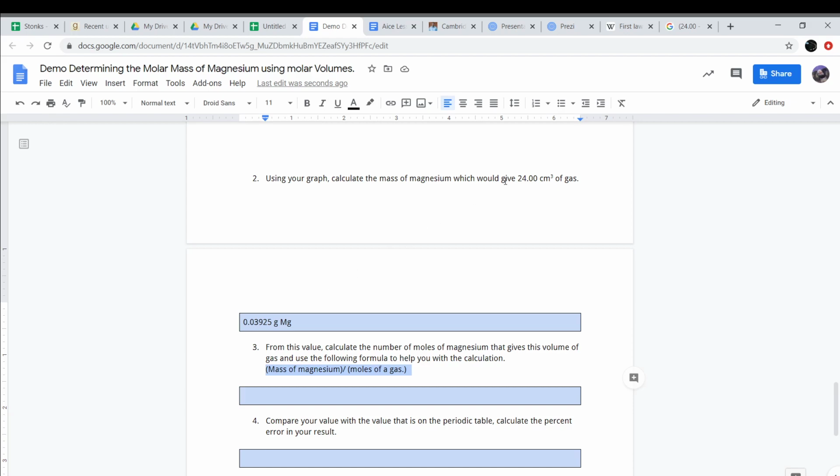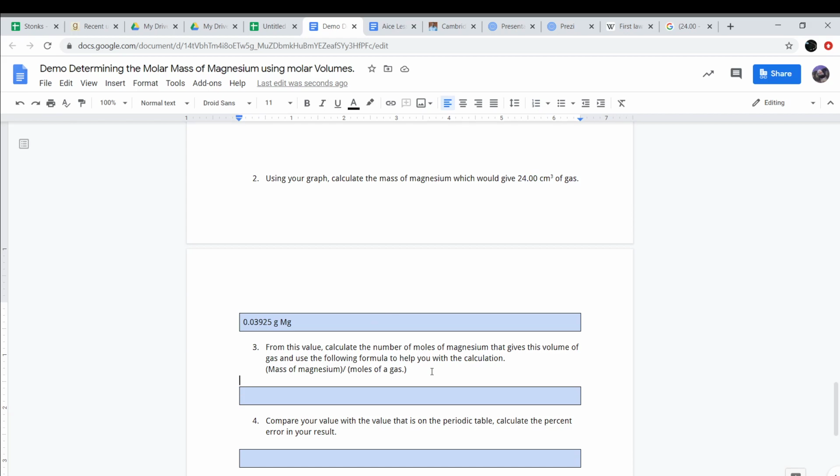Okay? Now, this is 1 milliliter. Okay? So this is 1 milliliter of a gas. 1 milliliter is 1,000th of a liter. Okay?